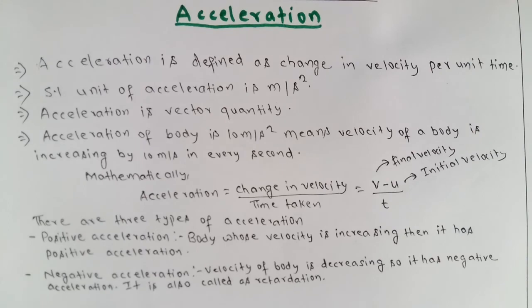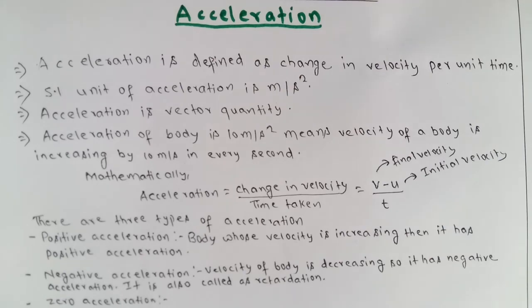You have to understand, in positive acceleration velocity is increasing, in negative acceleration velocity is decreasing, and third is zero acceleration. In case of zero acceleration, the body has constant velocity.